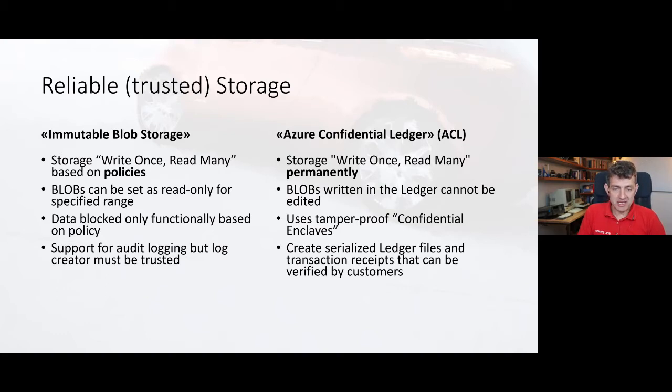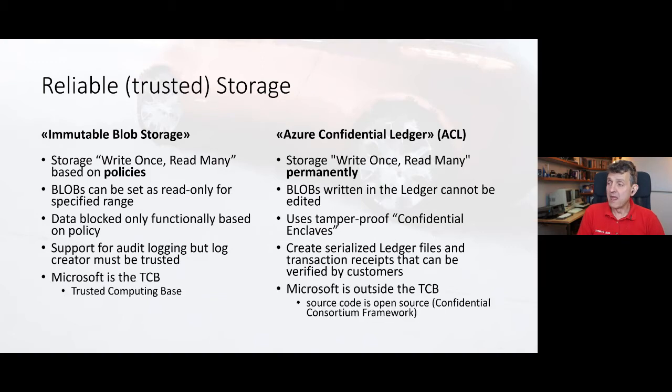While in Azure Confidential Ledger, it creates serialized files and transaction receipts that can be verified directly by the customer, and there's nothing that can basically be changed. Everything is locked down. So with immutable blob storage, you are actually saying that Microsoft is the trusted compute base. So you need to trust both Microsoft and whoever is administering this part.